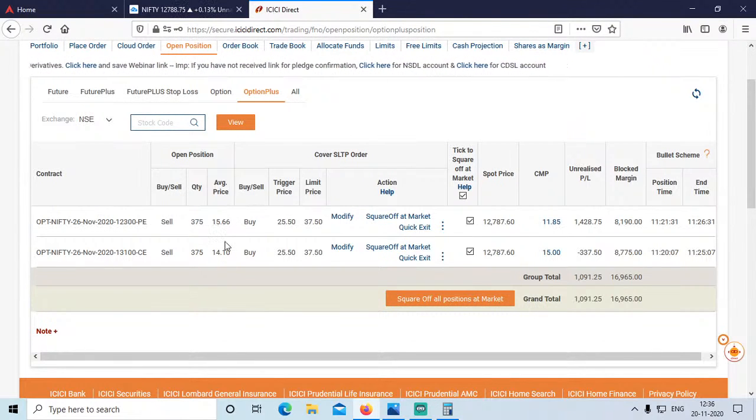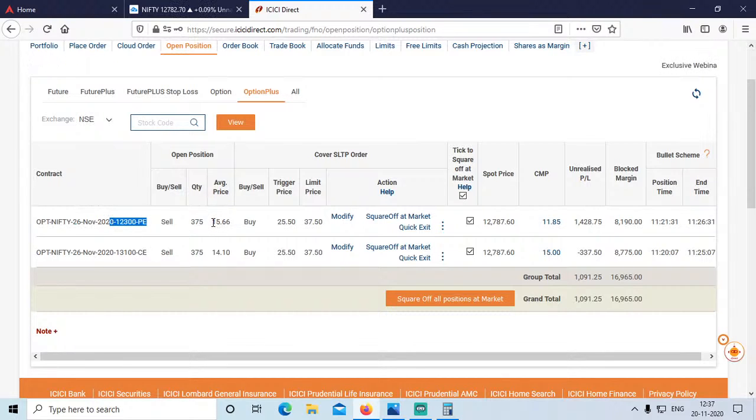That is why I have chosen these, especially as today is Friday, so we can take 10 to 15 rupees. Friday is safe to take 10 to 15 rupees. So I just select the premium. I don't mind what the strike price is. I always select the premium. My premium should be 10 to 15 rupees, which I should sell. That is my concern.